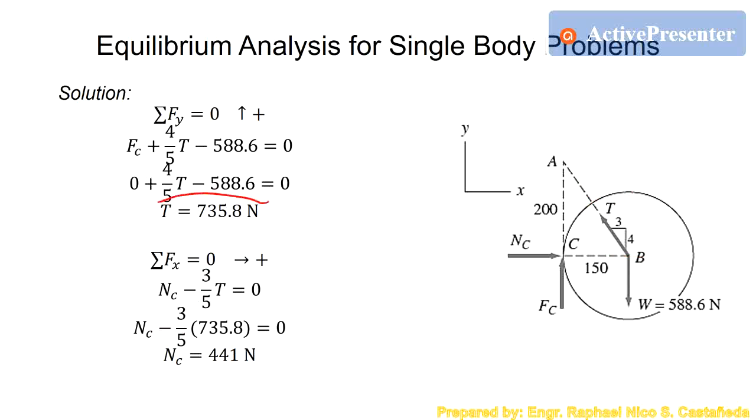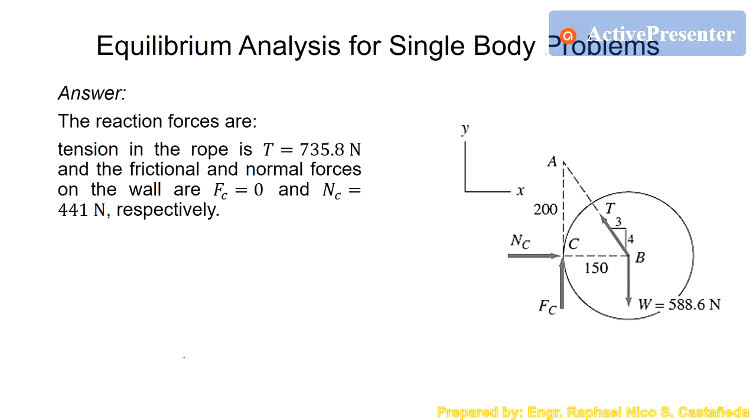So substituting the value of T in the equation, we will get NC equals 441 newtons. So the answers are, T equals 735.8 newtons, and the frictional and normal force at the wall are 0 and 441 newtons respectively.